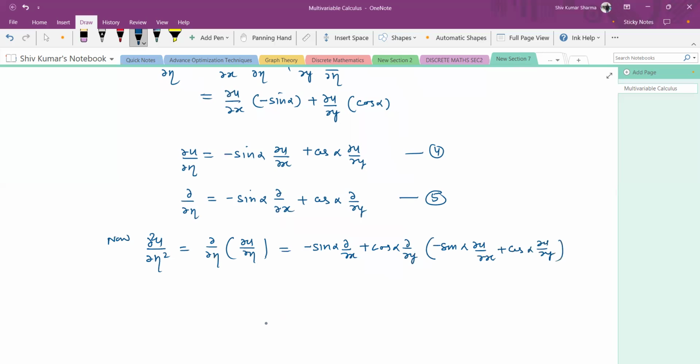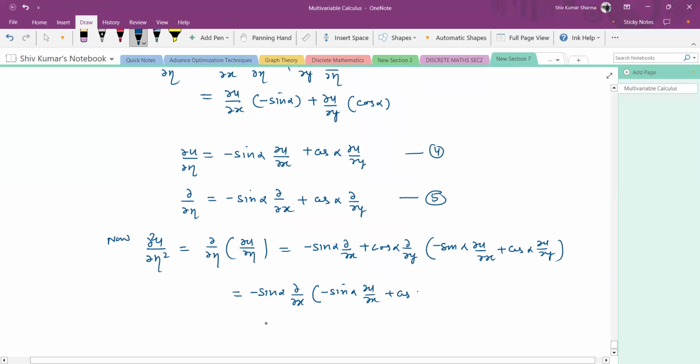So this equals minus sin alpha del upon del x, and we operate this bracket, that means minus sin alpha del u upon del x plus cos alpha del u upon del y, plus cos alpha del upon del y into minus sin alpha del u upon del x plus cos alpha del u upon del y.